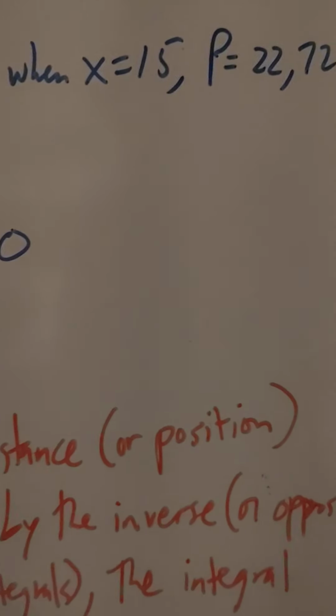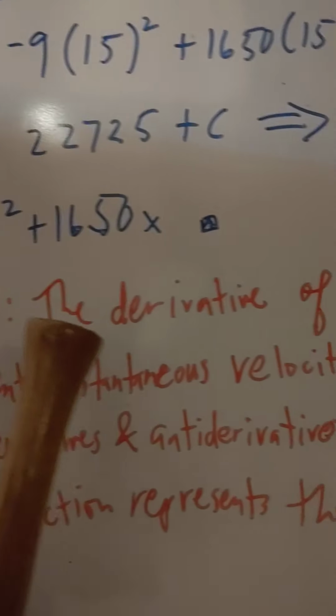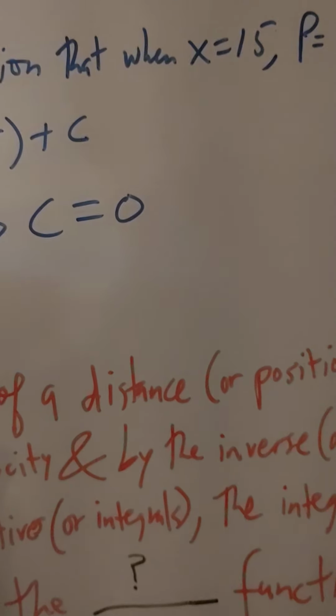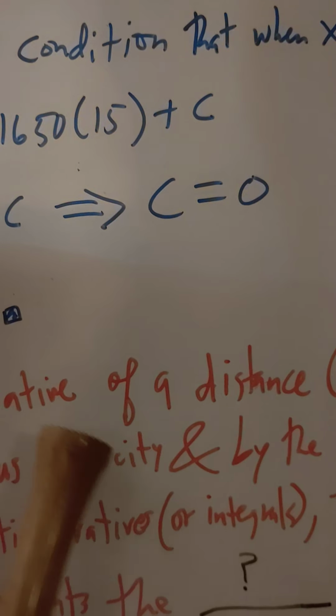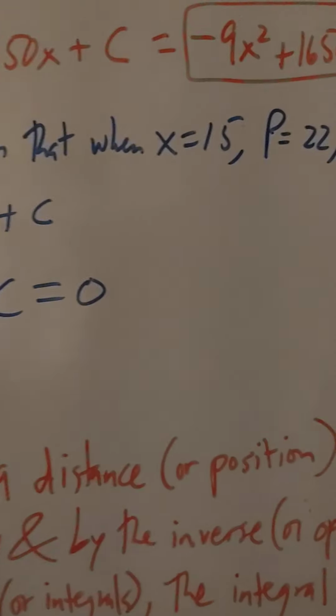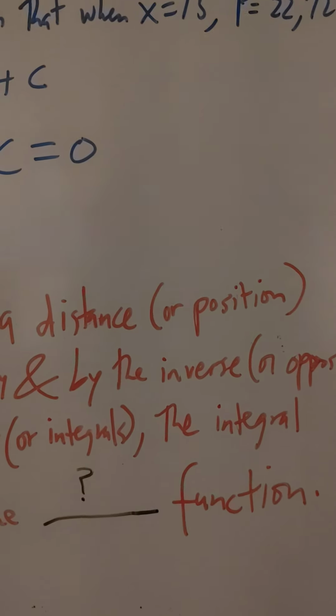The answer is the distance or position function. Let me just say that again. If the derivative of the distance function is the velocity function, then the antiderivative of the velocity will return you back to the distance. So the question mark here is distance. That's the answer. Distance or position, same thing.